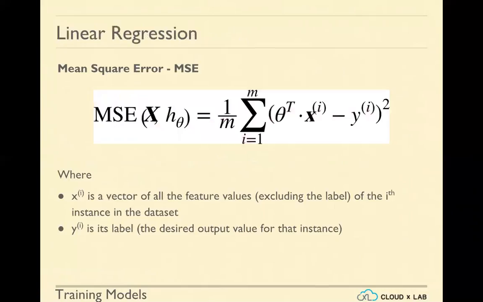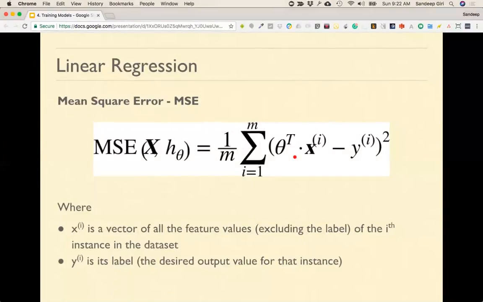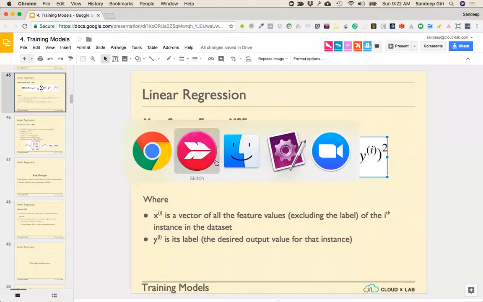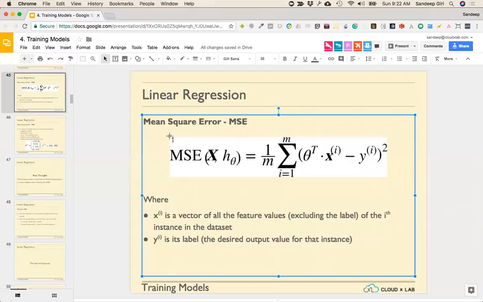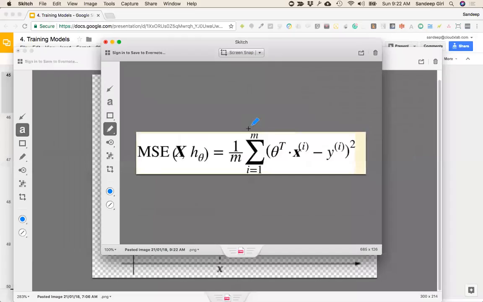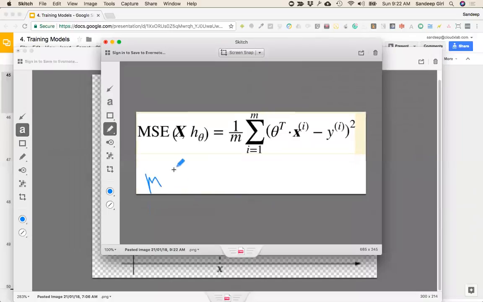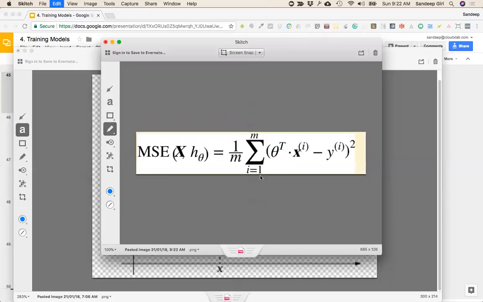So with respect to any theta, if we differentiate this equation, this is the equation: mean square error of x and h theta is equal to 1 by m times the sum.